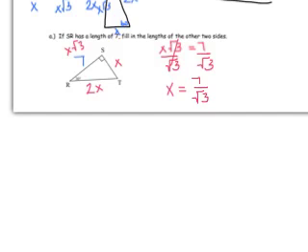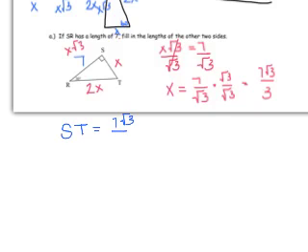Now we talked about yesterday how we have to rationalize denominators. So I'm going to multiply times root 3 over root 3 to get a final answer of 7 square roots of 3 over 3. And I say that's final for x, which is ST. So ST is 7 square roots of 3 over 3.